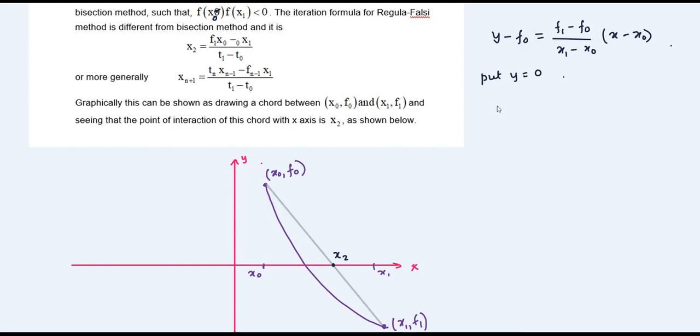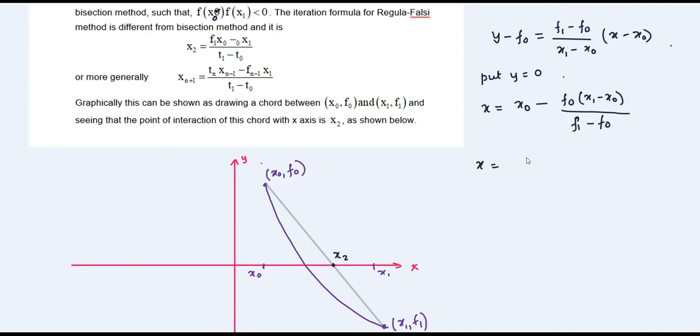So what we get, x will be equal to x naught minus f naught times x1 minus x naught upon f1 minus f naught.